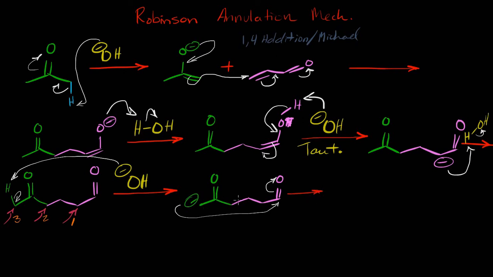And we have a 1, 2, 3, 4, 5, 6 carbon ring, we said. And so I'm going to draw a 6-carbon ring. That looks pretty good. 1, 2, 3, 4, 5, and 6. Not bad. We have a carbonyl in the middle, and then 2 away from that will be our other carbonyl.